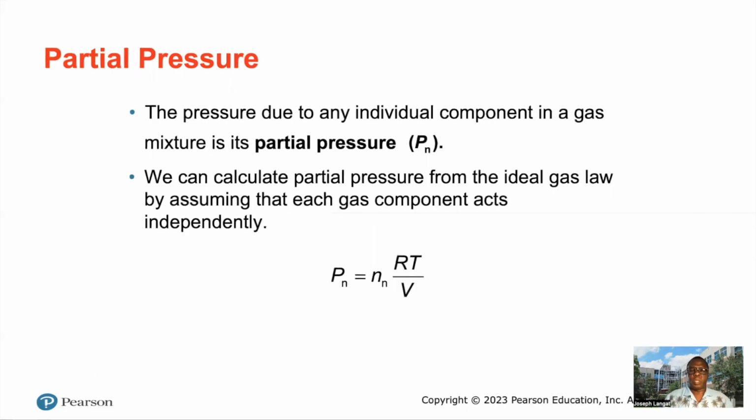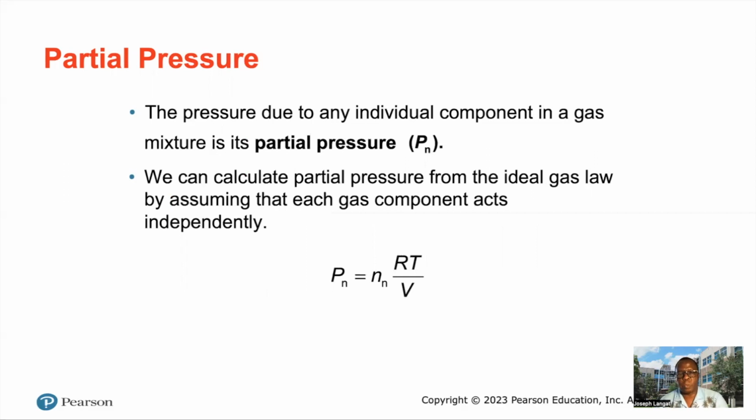So the pressure due to an individual type of gas in a gas mixture is called partial pressure. We can calculate it using the ideal gas equation.